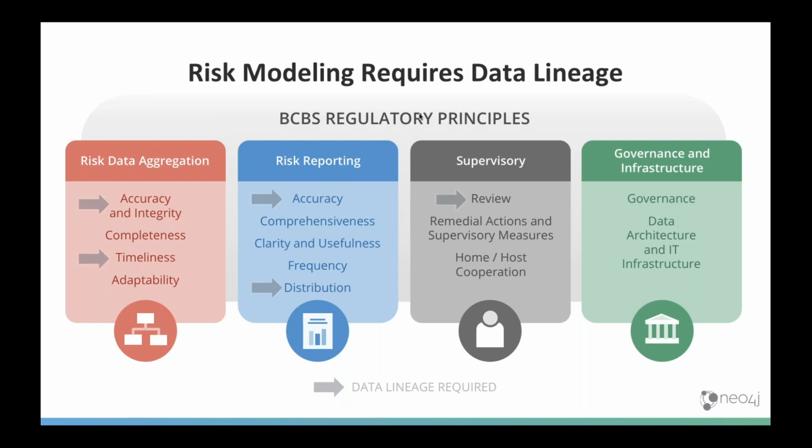But we talked about BCBS 239 and its regulatory principles. If you look at this picture, you can see that a lot of these, around accuracy and integrity, timeliness, accuracy in risk reporting and distribution of reporting, supervisory reviews, etc., are very focused on data and having the data lineage that is required to get to the authentic and authoritative source of the data, and maintaining that lineage over time, so that the accuracy and integrity of the data cannot be lost.